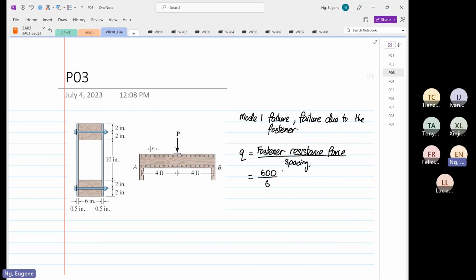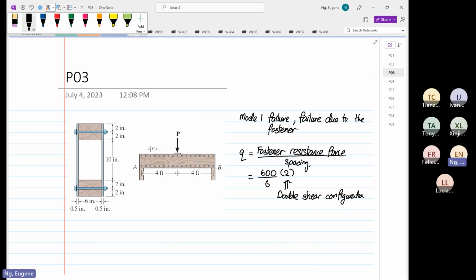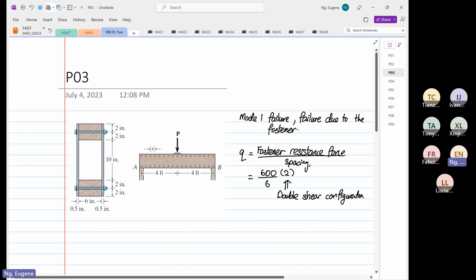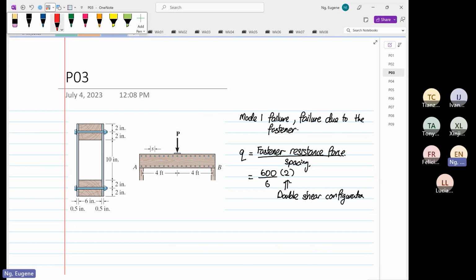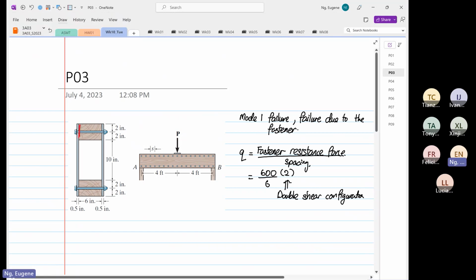Okay, and then we need to multiply by 2 over here, because now we have a double shear configuration. Because to fail this structure over here, you have to fail one side and you have to fail the other side.